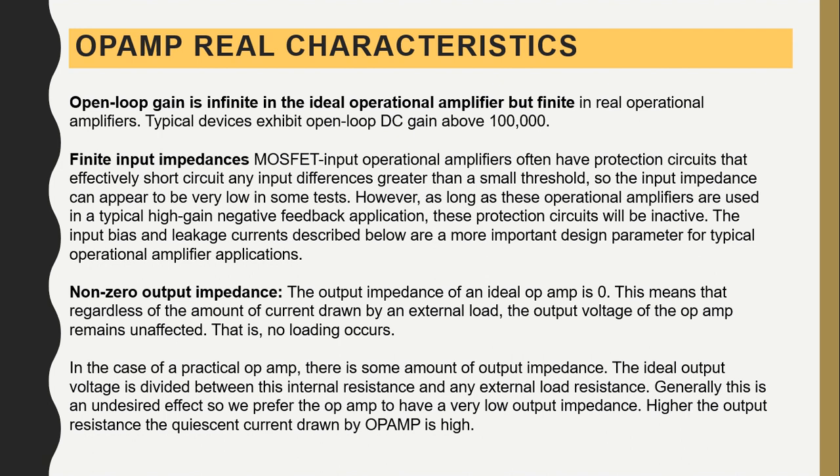But in a practical op-amp, there is some amount of output impedance. The ideal output voltage is divided between its internal resistance and any external load resistances. Generally, this is an undesired effect, so we prefer op-amps to have a very low output impedance. Higher the output resistance, the quiescent current drawn by the op-amp is also high.